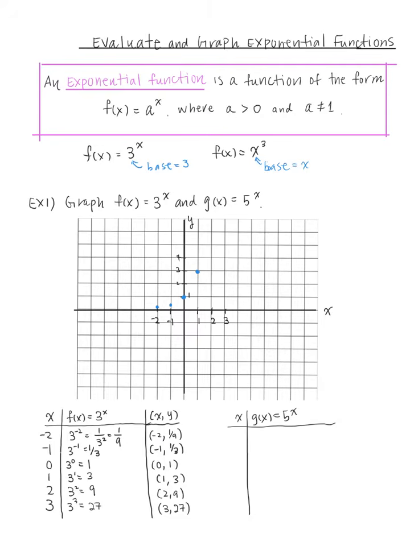Oh my goodness, 9 is way up there. Oh well, I'm just going to go with it. So 2 comma 9 will be maybe over here. And 3 comma 27, I'm not even going to plot that because it's going to be at the very top of this page. Now if I graph this out, I'm just going to connect those dots nicely.